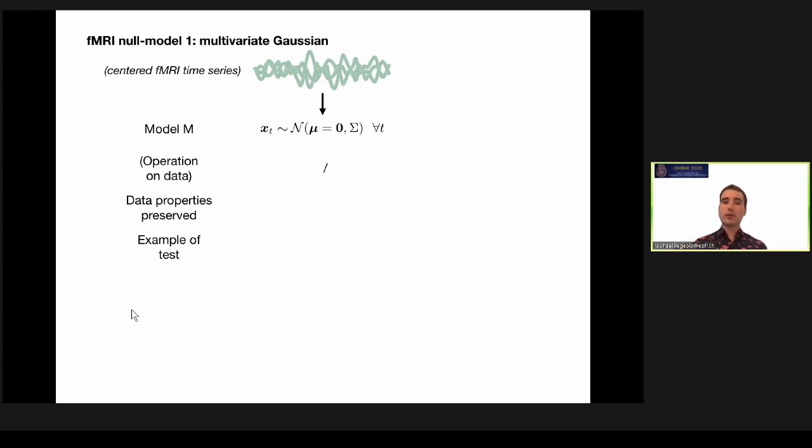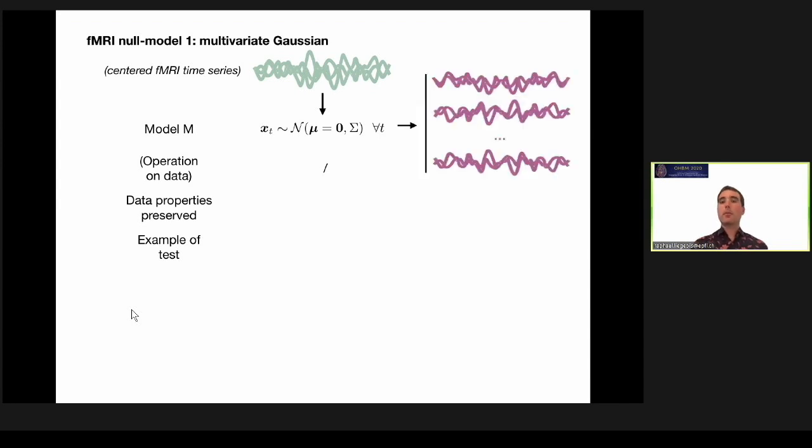This is the case for all t. Using this, again, we can generate multivariate surrogate data, and the data properties being preserved here are, as in the univariate case, the mean and the covariance structure.